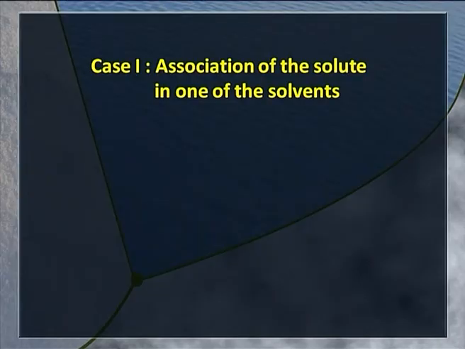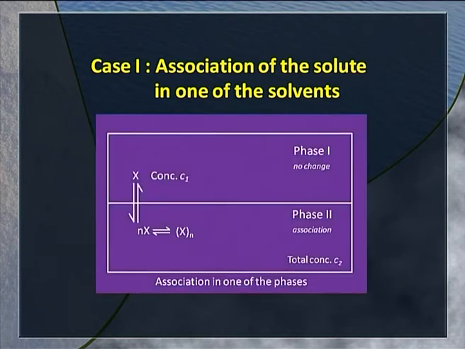Now let us look at the special cases where the solute may not behave as a simple molecule. Let us take case 1, in which association of the solute in one of the solvents takes place. That means in one solvent it behaves normally, say, the solute you can see as X. In the second solvent it forms an associated molecule. Let X represent the molecular formula of the solute.